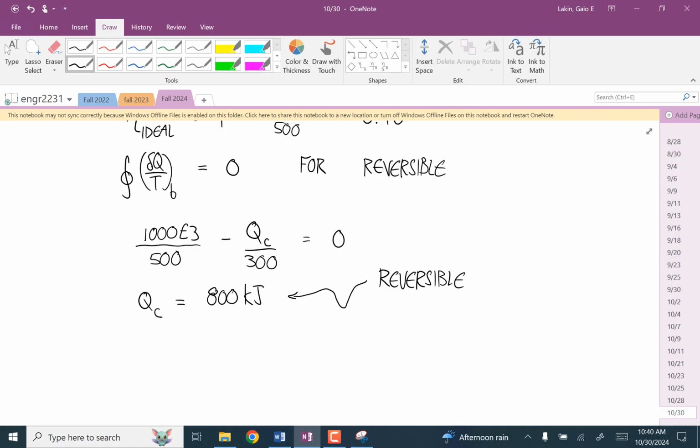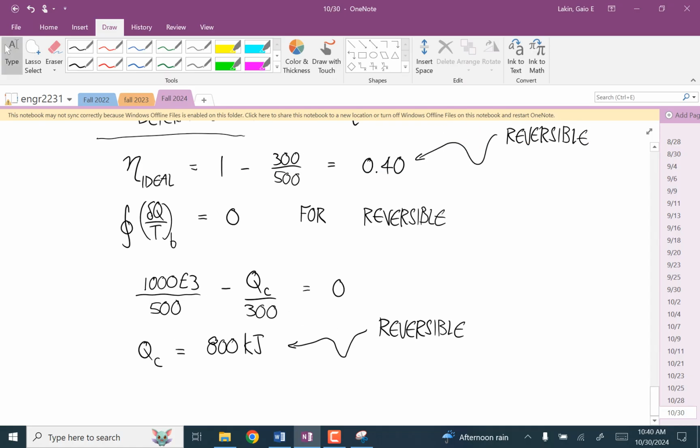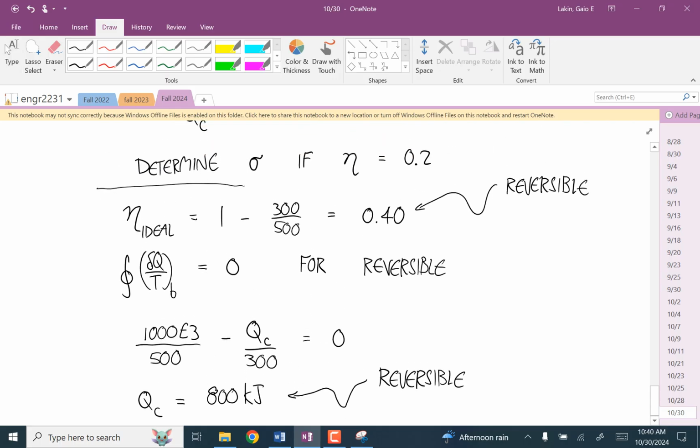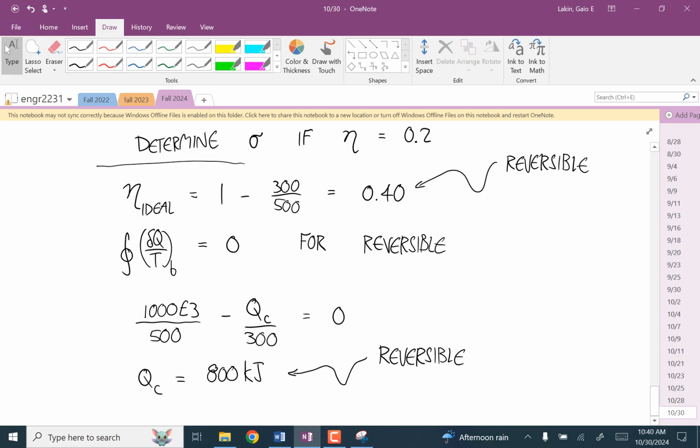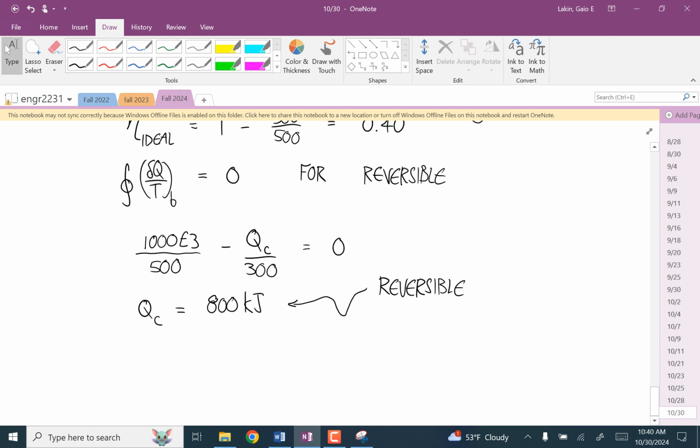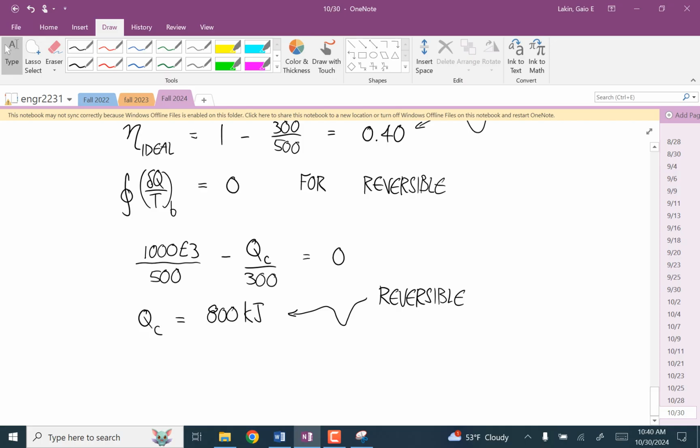So couldn't we calculate what the real QC is, since we were given the true eta? So could we say 0.2 is equal to 1 minus... Yeah, right. Why am I even doing that? So QC, yes, thank you. Let me make sure that this is what I said it was. 1,000.